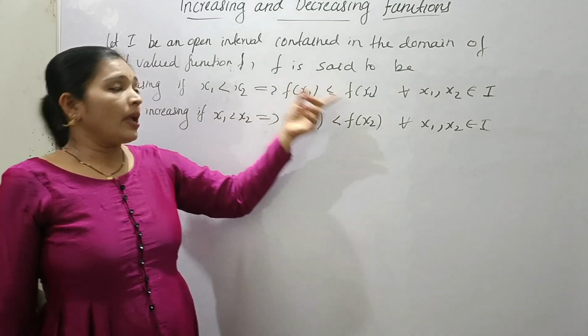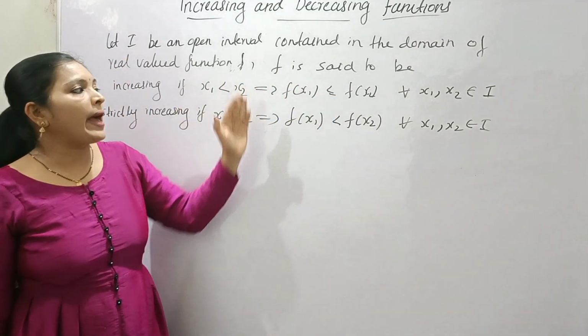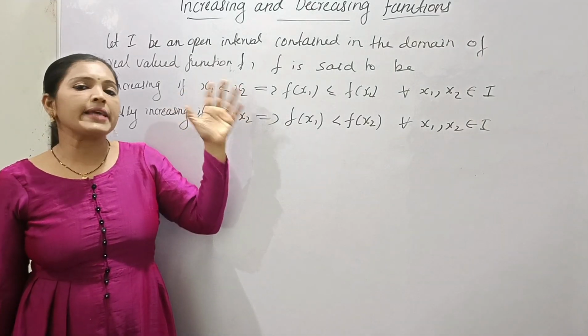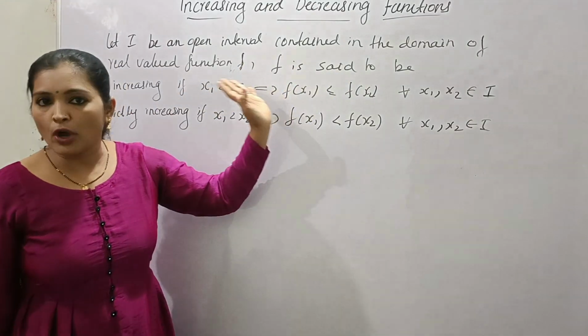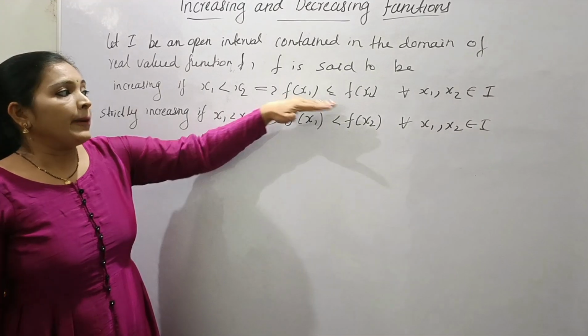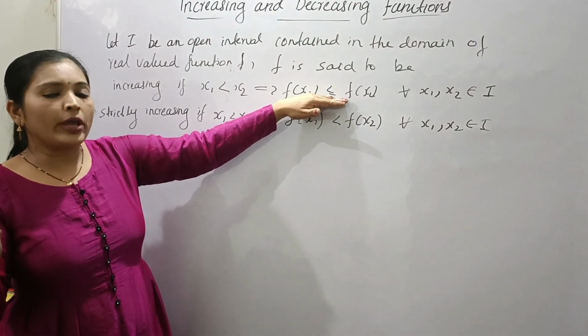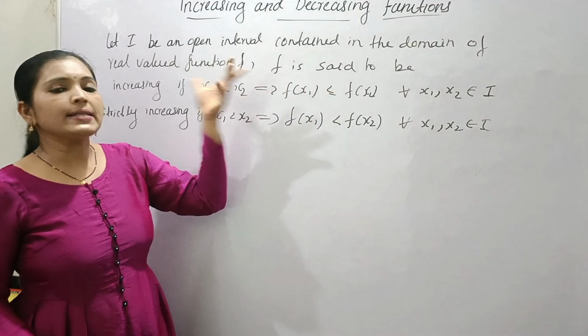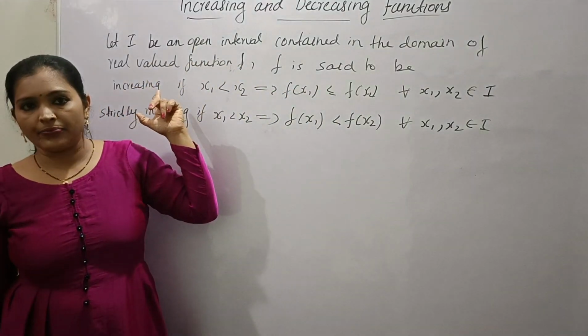Here, x1 less than x2 implies f of x1 less than or equal to f of x2. As x increases, the values of f of x increase, but for some values the function may be equal. In that case, the function is only increasing.